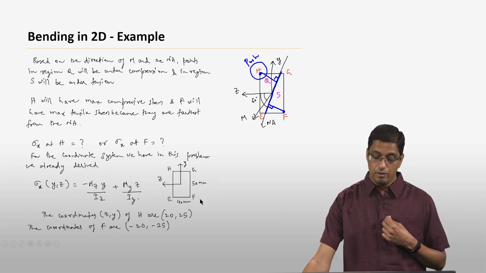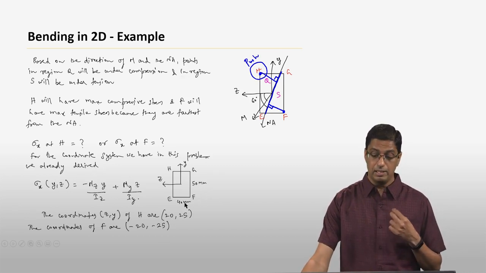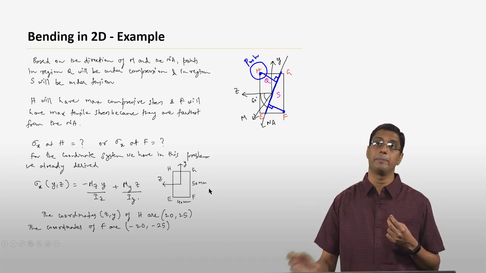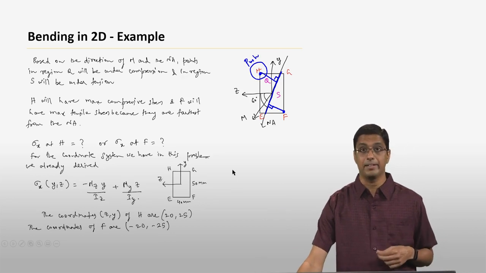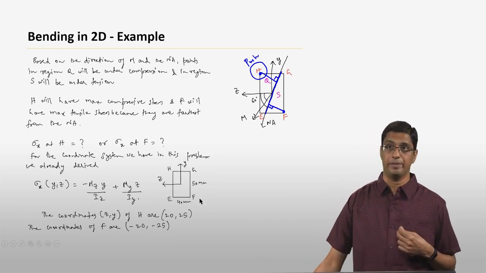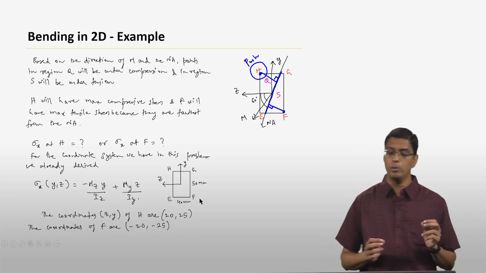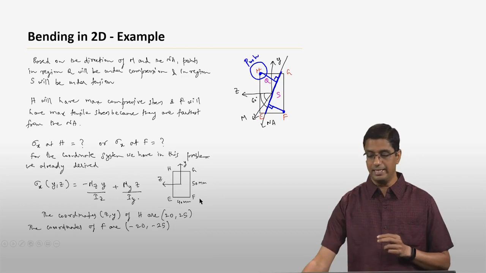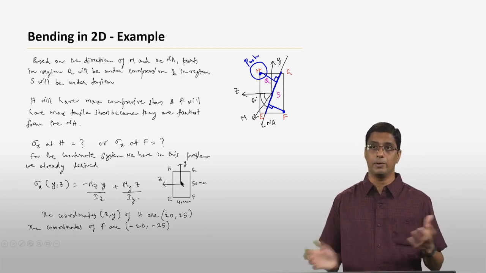For the point F, the z coordinate is going to be minus 20 millimeters because z is going positive this way and F is on the other side. Similarly, the y coordinate of F is going to be minus 25 millimeters. So we know the coordinates of both H and F. That just comes from the coordinate system.